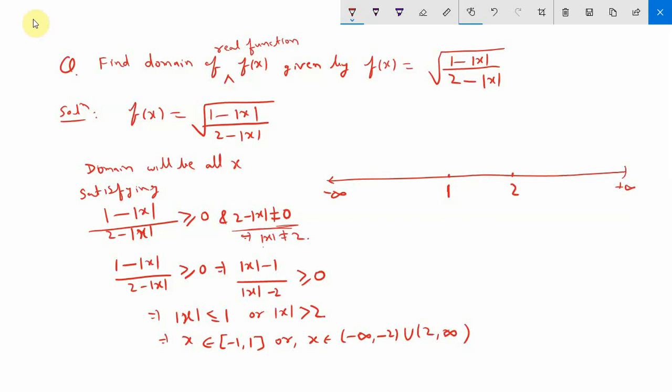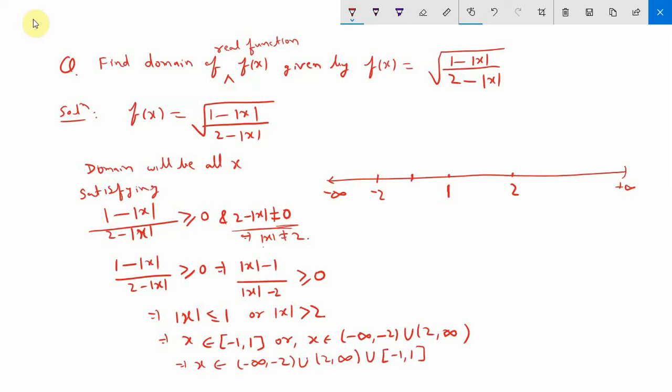So if we represent minus infinity to minus 2, then minus 1, from here we can write x is an element of (-infinity, -2) union (2, infinity) union [-1, 1].